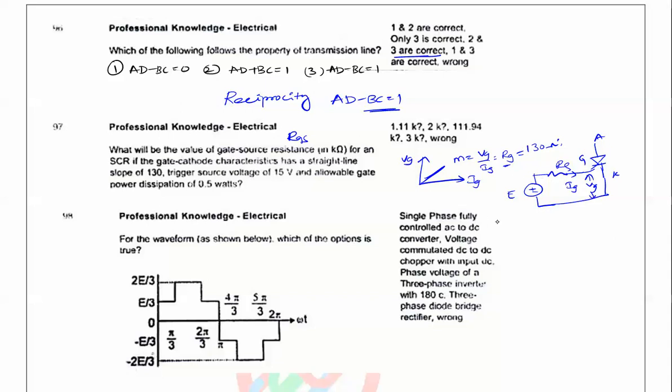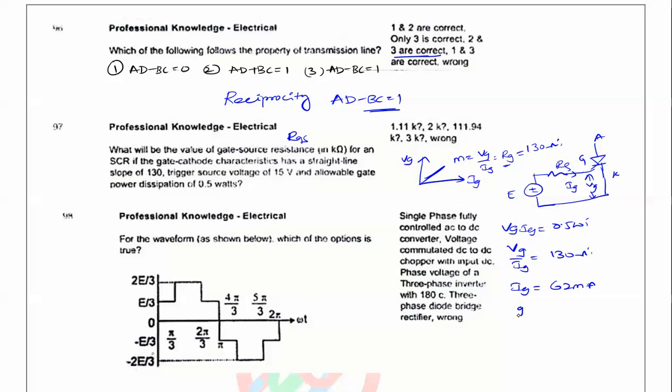So we'll get the formula from this. Vg into Ig is nothing but 0.5 watts, and resistance means Vg by Ig, which is 130 ohms. So by using these two equations we can find Ig as 62 milliamps.